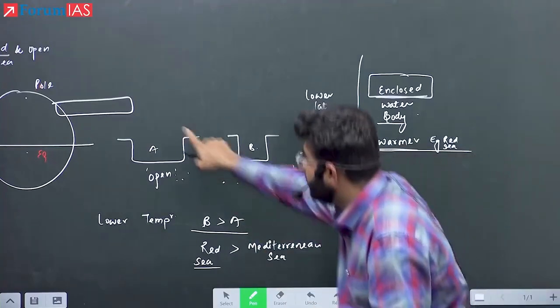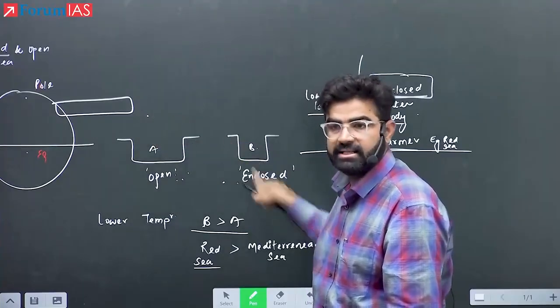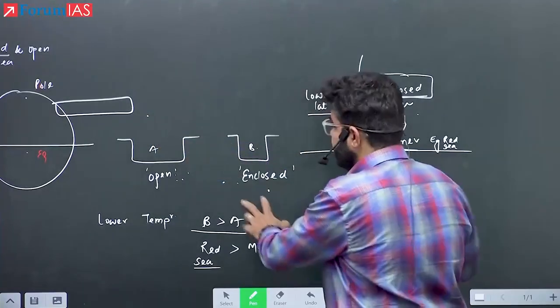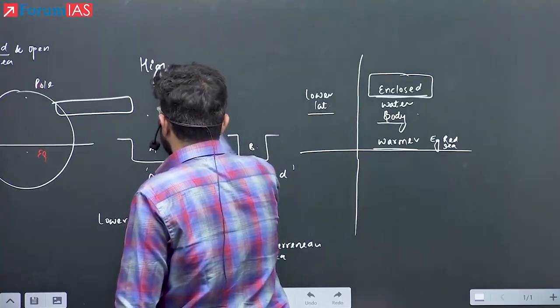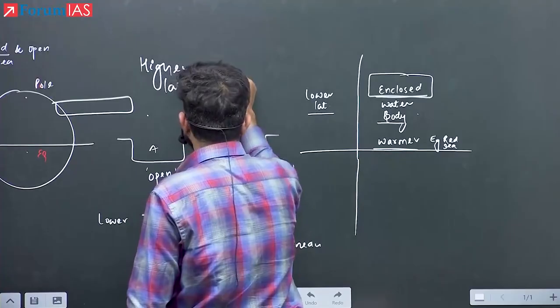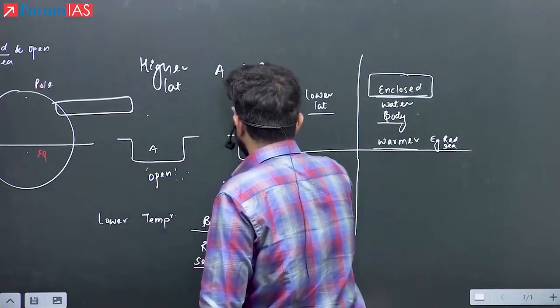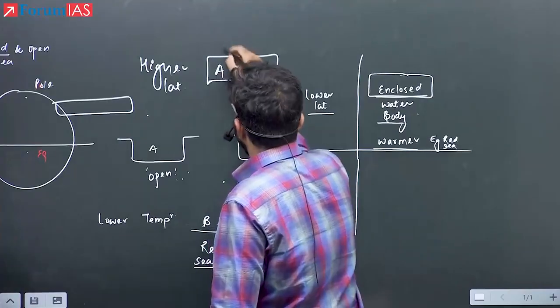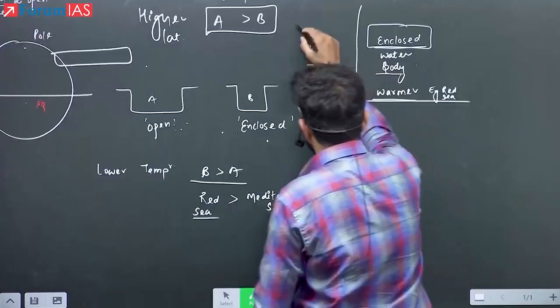Because B will quickly take on these low temperatures here. B is nothing but the enclosed one. So in the higher latitudes, please remember, the temperature in A would be more than B. So here I am writing.